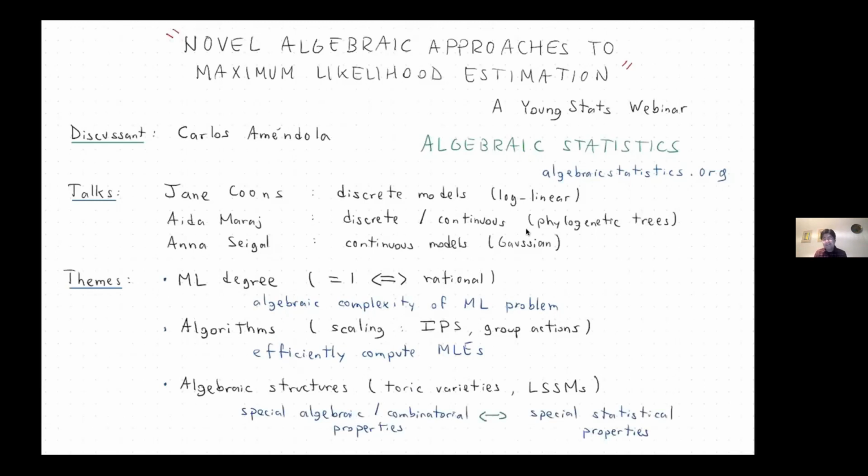So I guess the theme here, part of the mantra of what's happening, is that these special algebraic and combinatorial properties, as we saw in all three talks, there were some very nice combinatorial properties, translate to some special statistical properties.